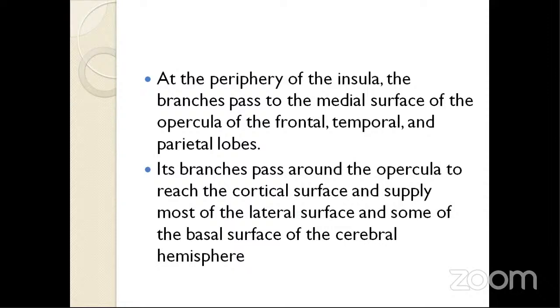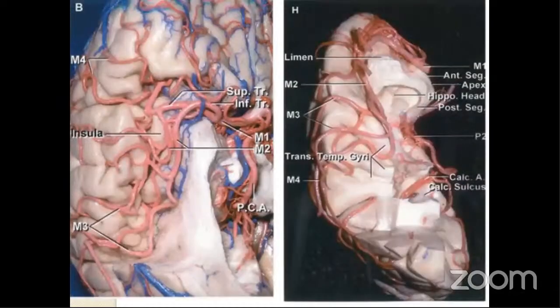At the periphery of the insula, the branches pass to the medial surface of the operculum of the frontal, temporal, and parietal lobes. Its branches also pass around the operculum to reach the cortical surface, known as the M4 segment, and it supplies most of the lateral surface and some of the basal surface of the cerebral hemisphere. We will be discussing the segments of the MCA in detail.